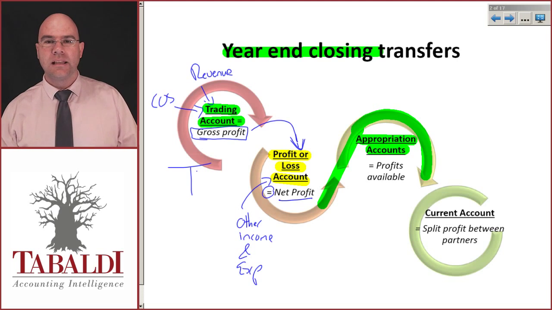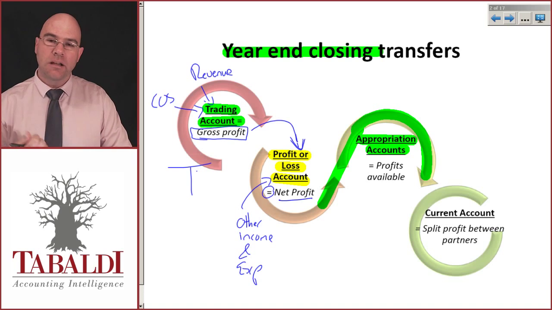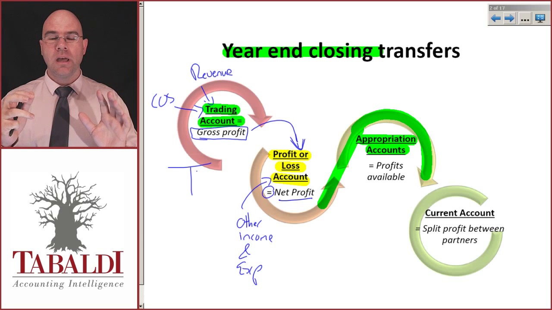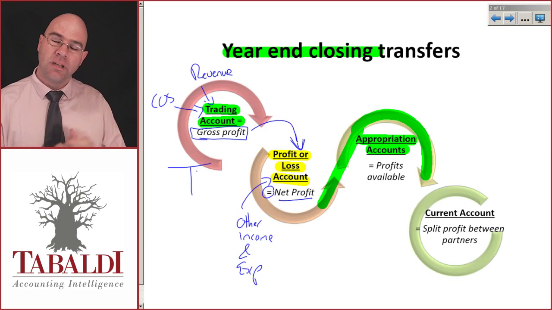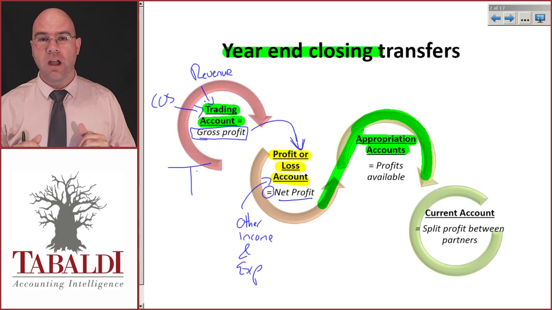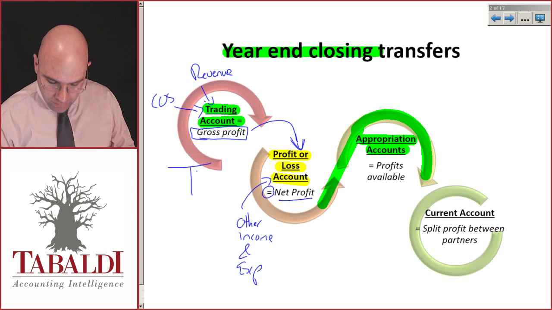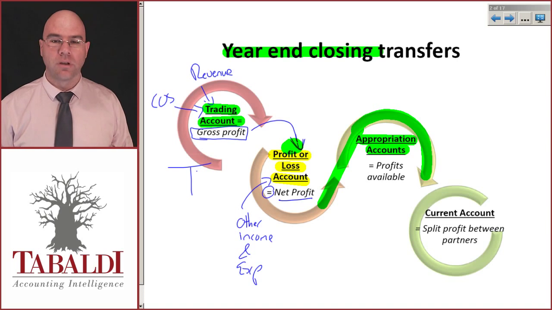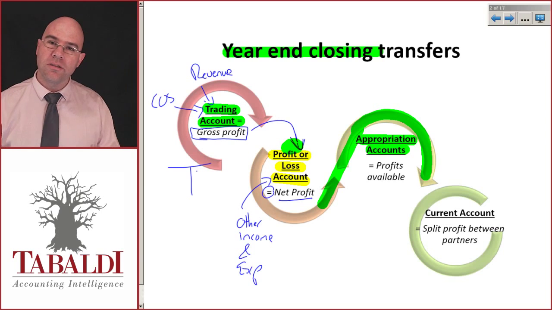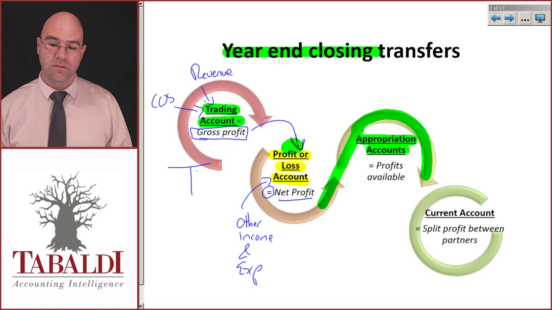So we're going to do things like we're going to close out all those appropriation accounts, the salaries partners account, the interest on current accounts, everything that went through the current account journals that we did earlier. And you'll see in brackets I had these little appropriation in the brackets, okay? Because salaries to partners, for instance, did not go into profit or loss, okay? It goes straight to the appropriation account.